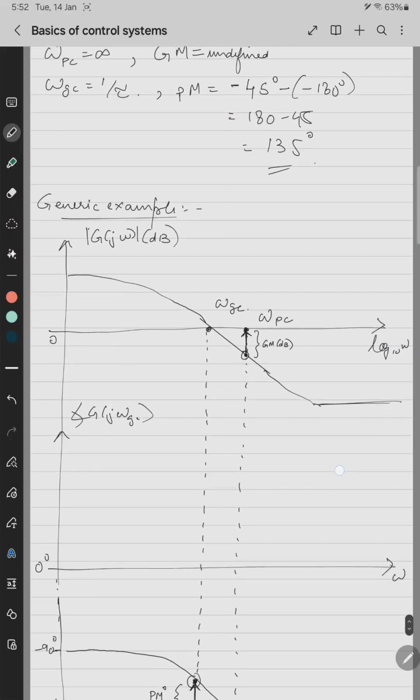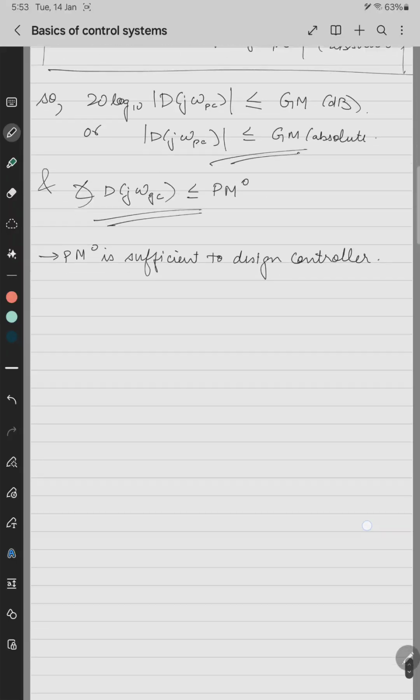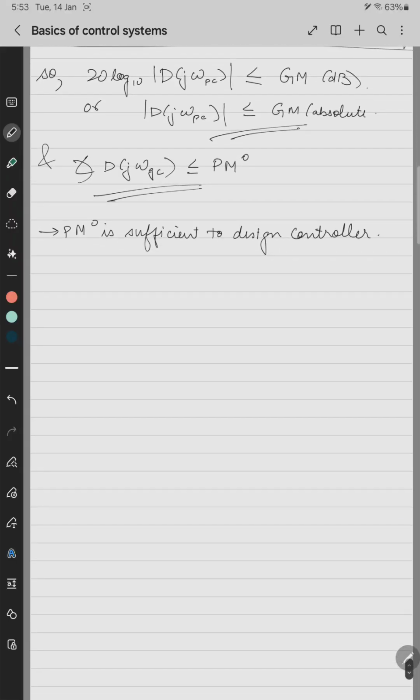It is nothing but the integrator action. Whenever the plant has an integrator, let G of j omega equal something like this: s to the power m into s plus a into s plus b into s plus c.